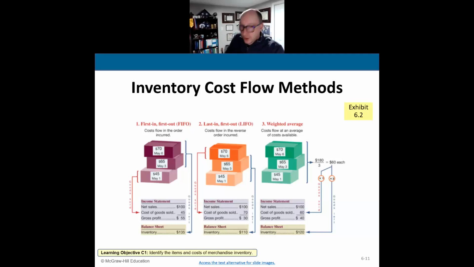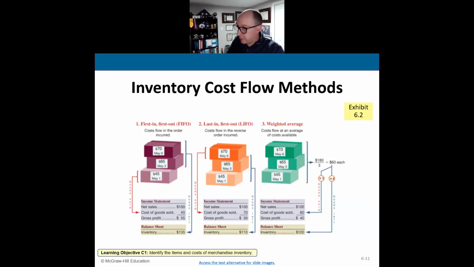So, first in, first out. The idea here is that I'm going to sell the first purchase that our company made first. First in, first out. So here we go. I sell each pair of shoes for $100.